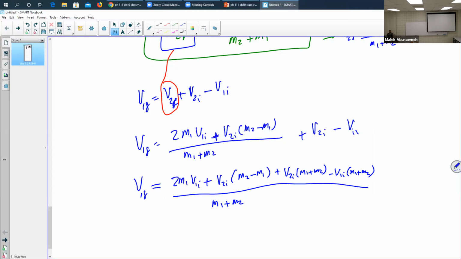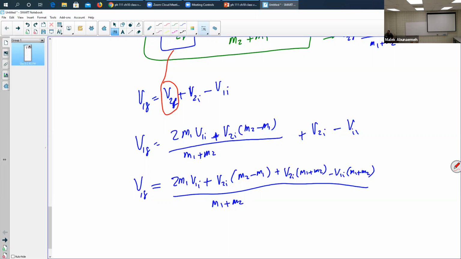Whew, my hands are getting tired. Oh, what a coincidence, right? So we got V2I, hold up. Yeah, V2I M2 minus M1. Let me just get this out. Yeah, plus V2I M1 plus M2.